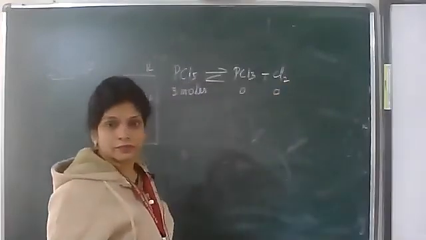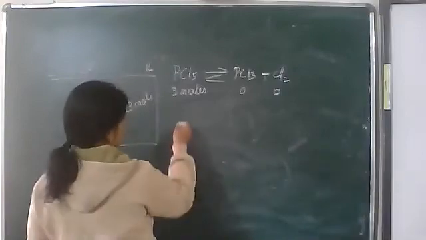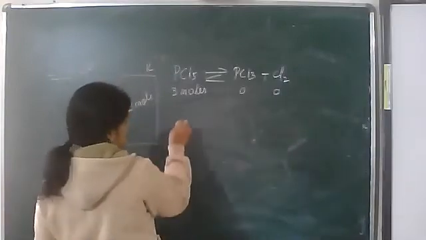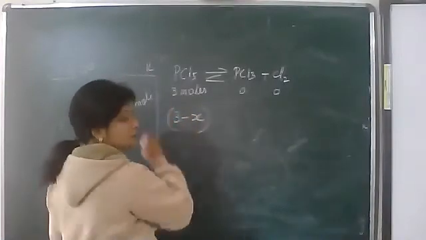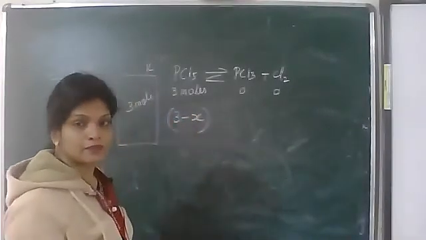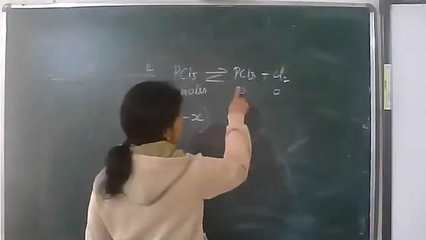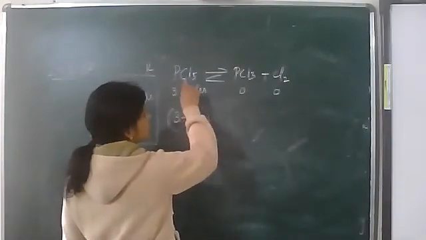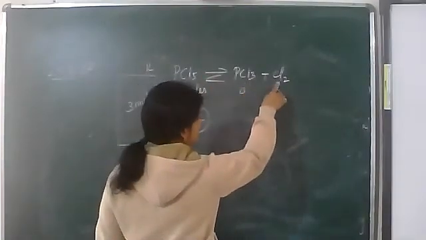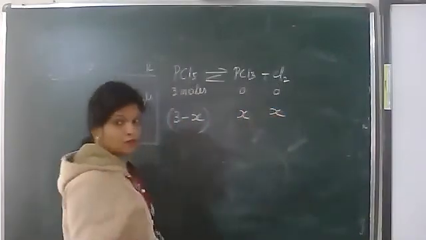After some time, when equilibrium is reached, we don't know how much has reacted, so I'm taking it as X. What is remaining of PCl5? 3 minus X. If one goes, one of this will be formed and one of that will be formed. If X goes, X of this will form and X of that will form. So this is X and X.